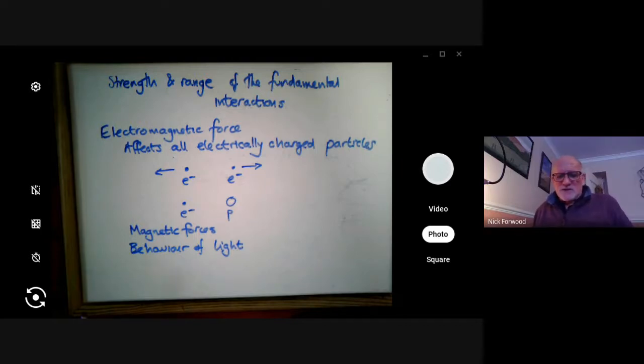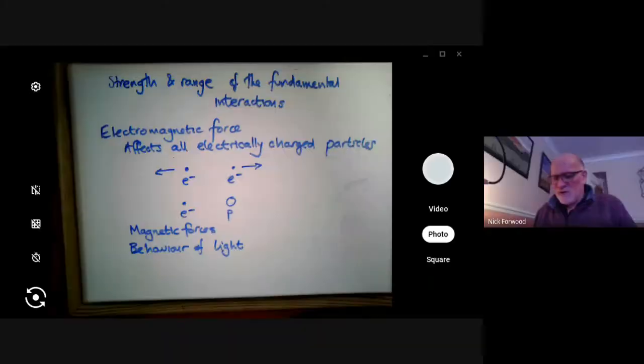Now, electromagnetic force is stronger than gravity, and it also has an infinite range, though there becomes a distance where things are so far apart it doesn't really affect things. The gravity force also has a very, very large range.